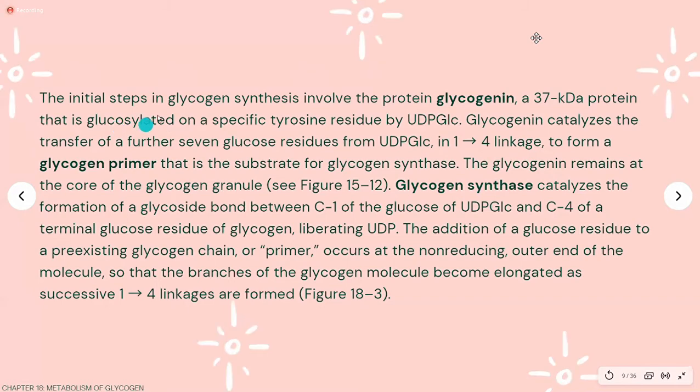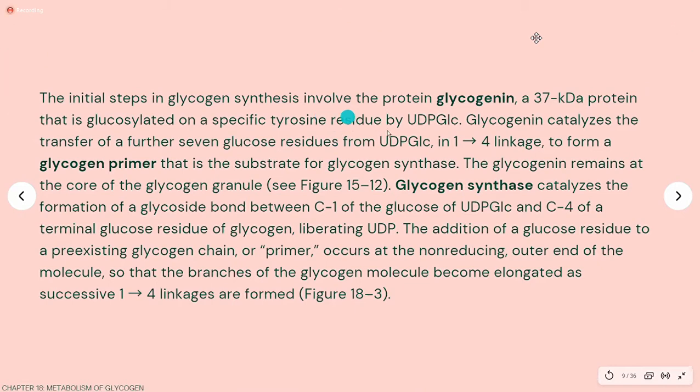A glucose on a specific tyrosine residue of the protein, because tyrosine has an OH, and you have an OH also on the glucose, and you remove a molecule of water, so you create a linkage.